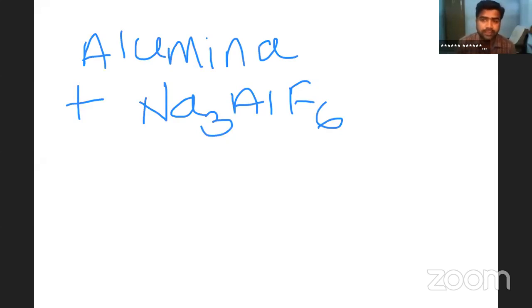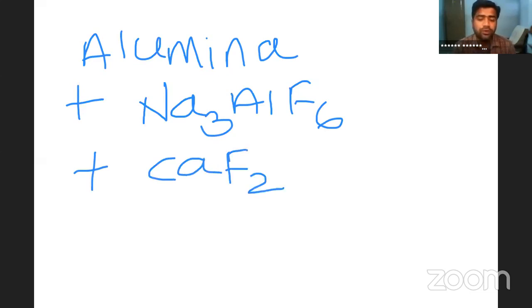Cryolite, zeolite, you have learned. So to this cryolite we are adding a little bit of fluorspar, that is CaF2, having the formula CaF2. So we take alumina, cryolite, and a little fluorspar.